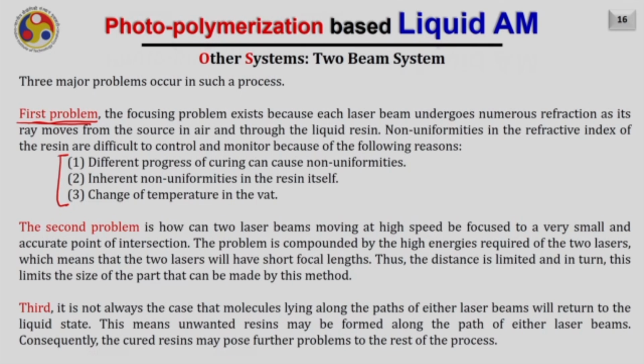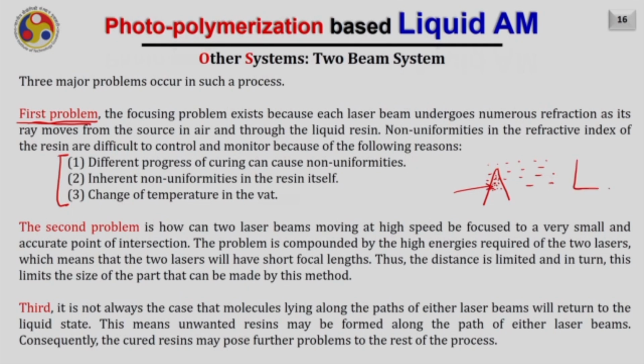As there are different processes for curing, the photopolymer here, for example, falling under the path of only the first laser, may get excited, right? The molecule will get excited. They will not get polymerized, but will get excited. And due to that, the refractive index of this particular medium will also change.